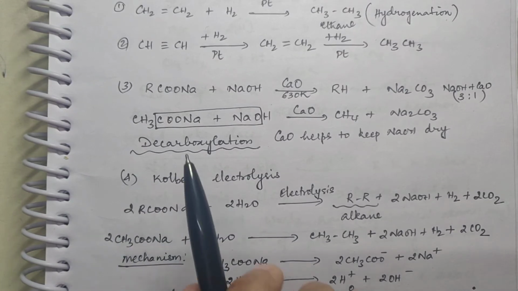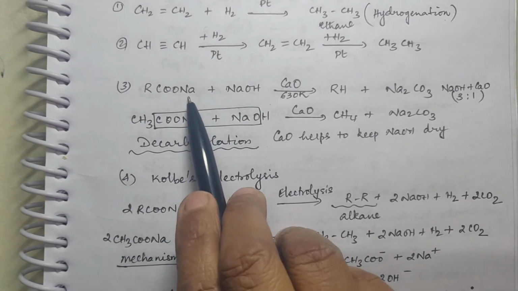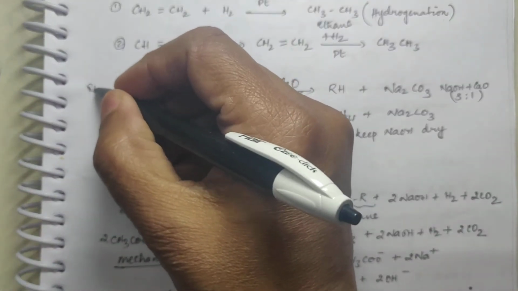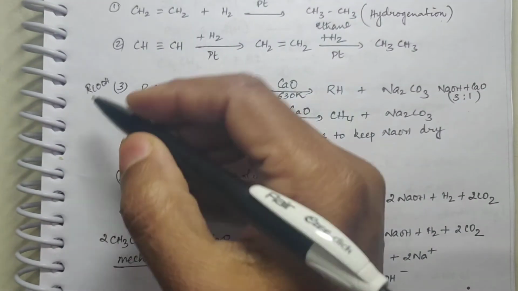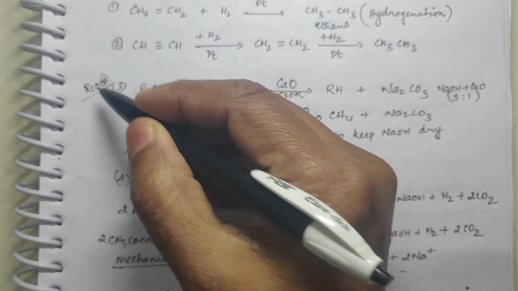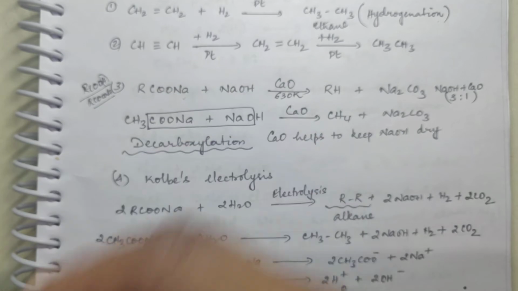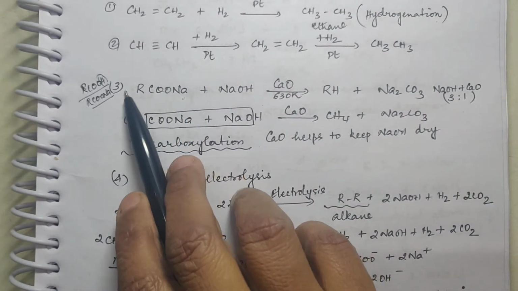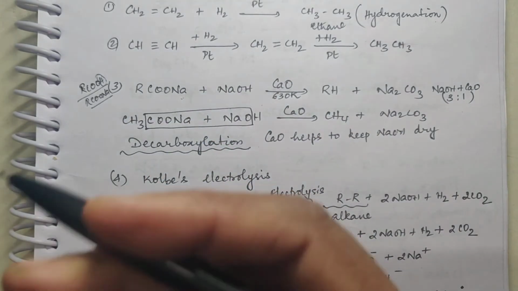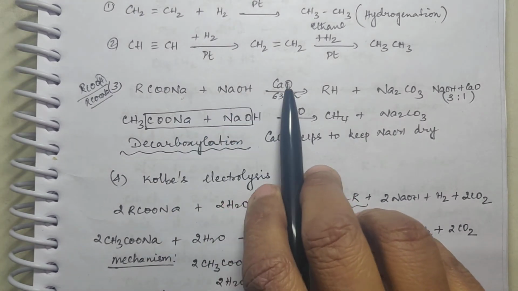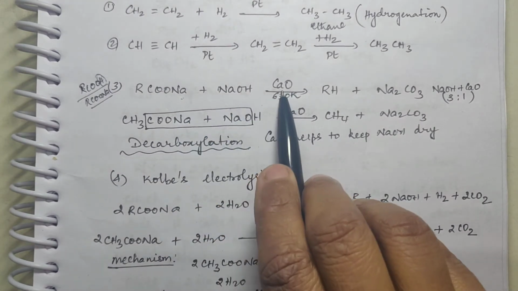Now what is the next one? Let us see how we can prepare from sodium salt of acid. You know very well that RCOOH is acid. Now when I replace this hydrogen by sodium, you call it sodium salt of acid. Now we start with sodium salt of acid. You can even start with potassium salt of acid. And you are treating this with soda lime.